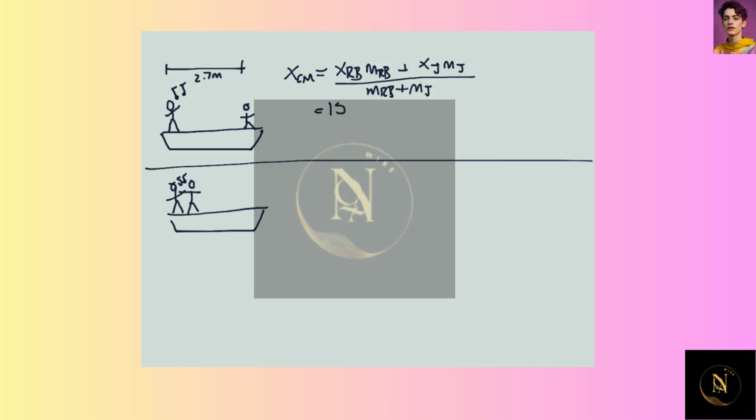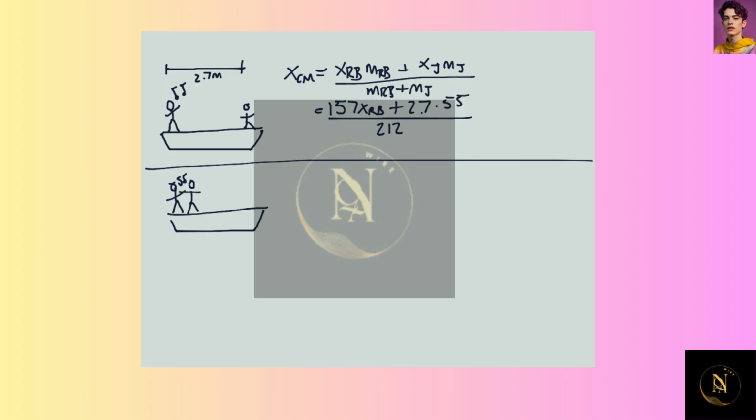So 157 XRB plus the mass of Juliet, which is, the position of Juliet first, which is 2.7, multiplied by her mass, which is 55, divided by the overall mass of those two, which is 212.